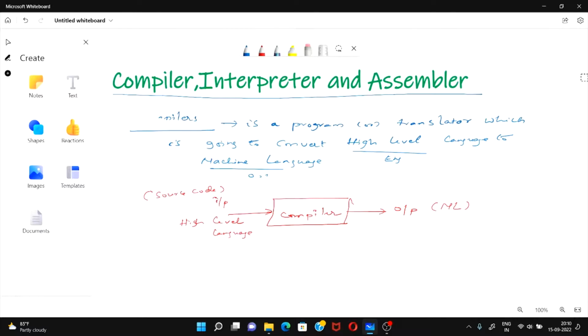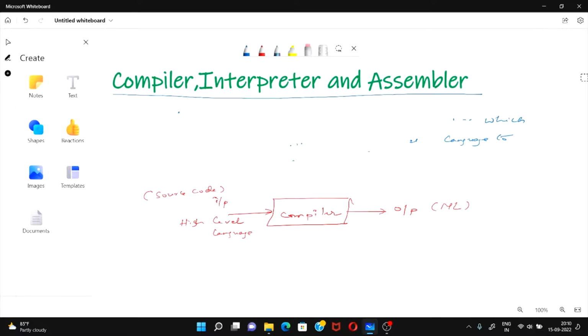So now coming to an interpreter. We can say interpreter is also a program or a translator which is going to convert a high level language to machine understandable language, like your compiler. The only difference between the interpreter and the compiler is the compiler will take the entire program at once and convert the program into machine language.